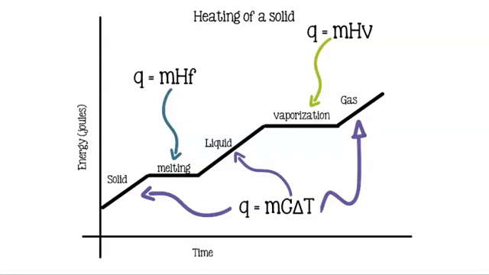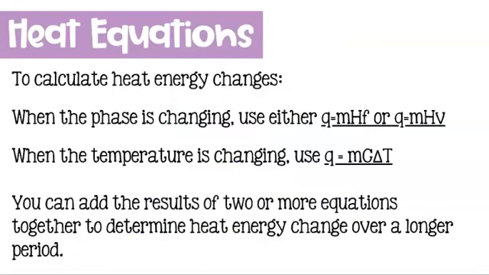So you would need to calculate the heat required to increase the temperature, or use the specific heat capacity formula, for all of these sloped lines. And then when you're undergoing melting or vaporization, you will need to use the heat of fusion and heat of vaporization equations. So to calculate heat energy changes when the phase is changing, use Q equals m H sub F or Q equals m H sub V.